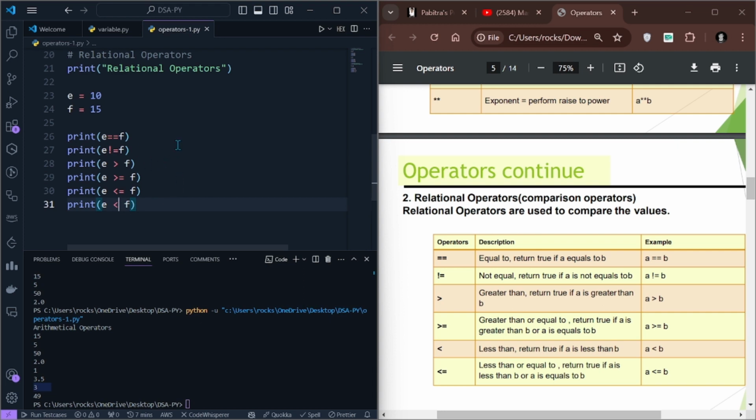We will try to print all of these statements. So let's run this code.